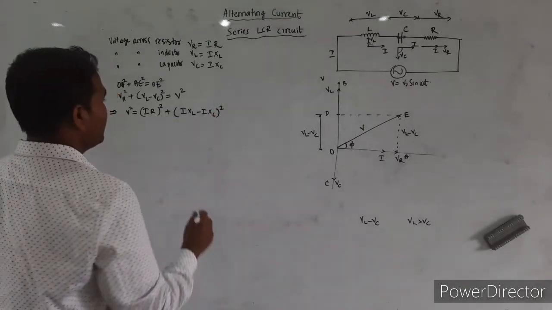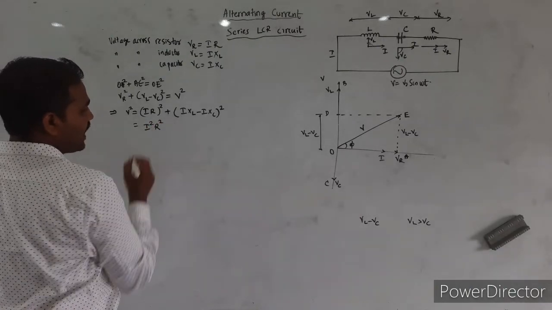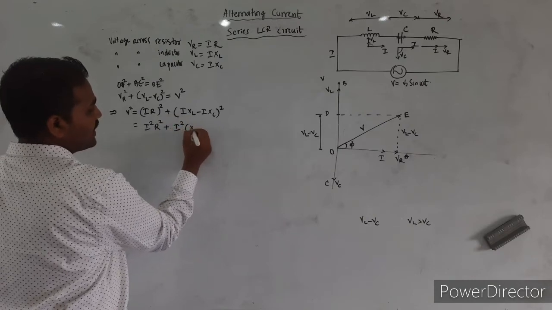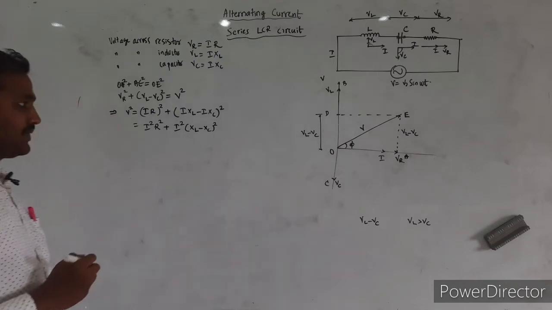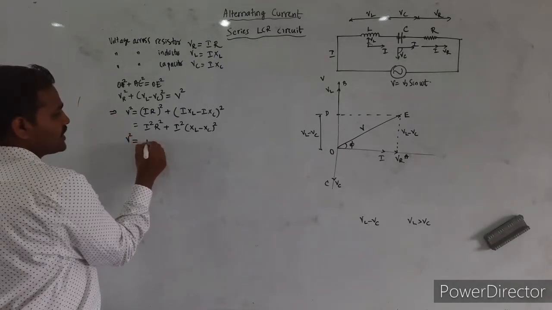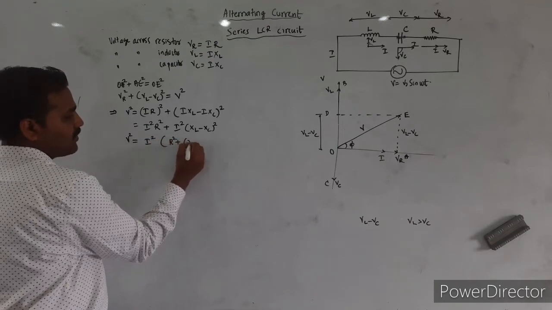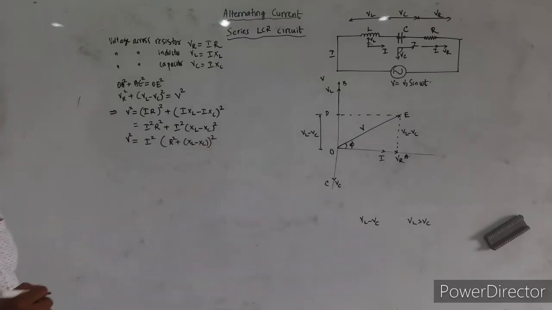So I can write it as I square R square plus I square into (XL minus XC) whole square. Taking I square outside, V square is equal to I square inside bracket R square plus (XL minus XC) whole square.